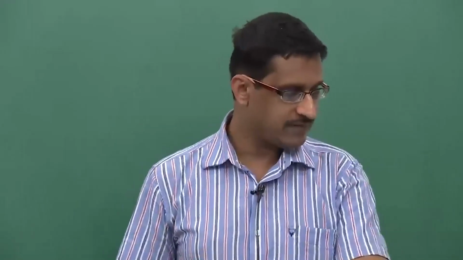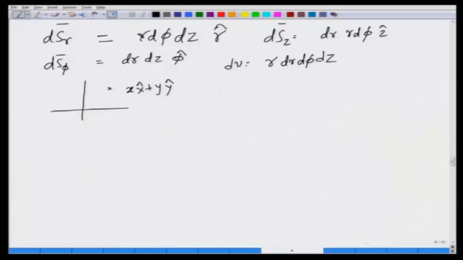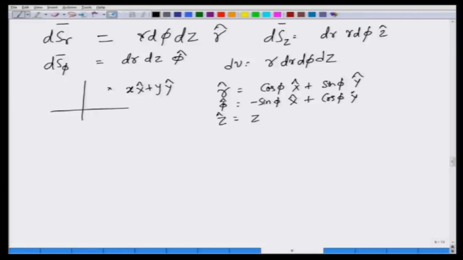How do I specify the vector in cylindrical coordinates? Well, I go back and relate them to the Cartesian coordinates. r hat is given by cos phi x hat plus sin phi y hat, and z hat will be equal to z hat itself. Phi hat is equal to minus sin phi x hat plus cos phi y hat.